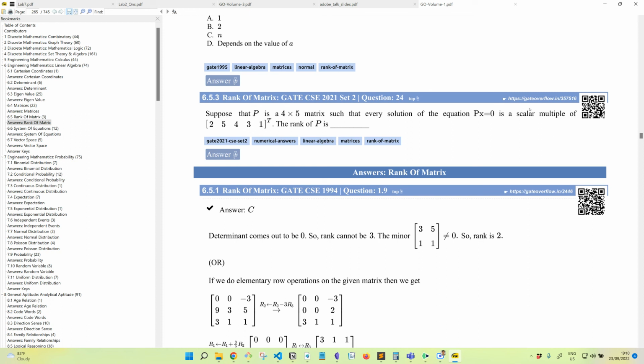Suppose P is a 4 cross 5 matrix such that every solution to Px equals 0 is a scalar multiple of (2, 5, 4, 3, 1). Then the rank of P is what?